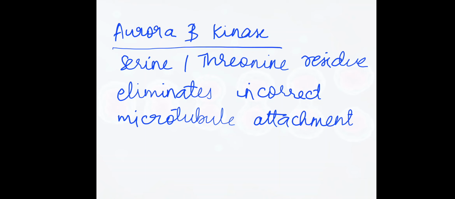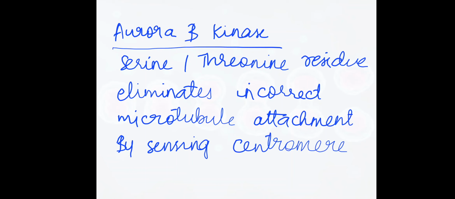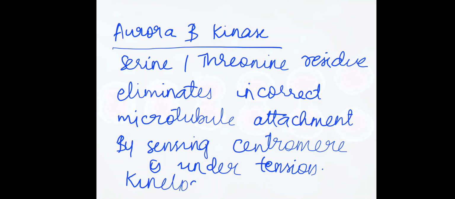How? By sensing whether or not the centromere is under tension. So by sensing whether the centromere is under tension or not, the kinetochore corrects the incorrect microtubule attachment. The kinetochore distinguishes between three types of attachments.